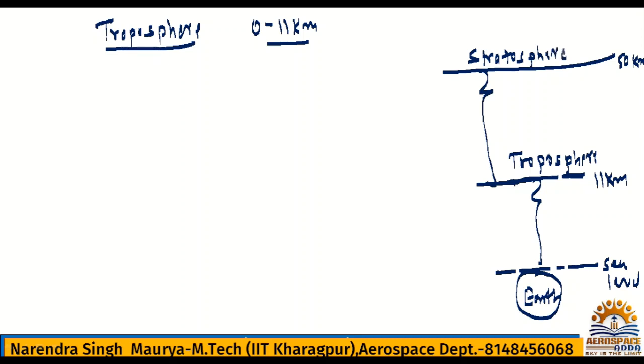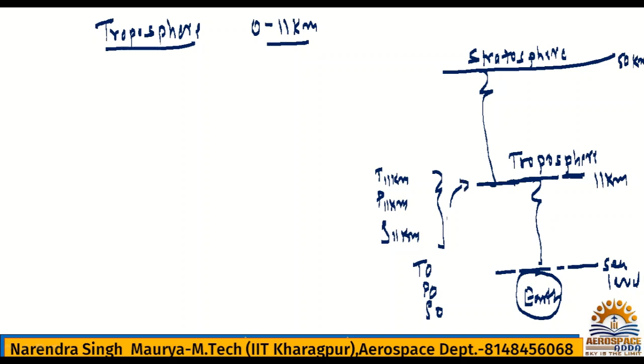Yes or no? At sea level, what are the data? T naught, P naught, rho naught. All right. At 11 kilometer, what are the data? T 11 kilometer, P 11 kilometer, rho 11 kilometer. These are the data at 11 kilometer.